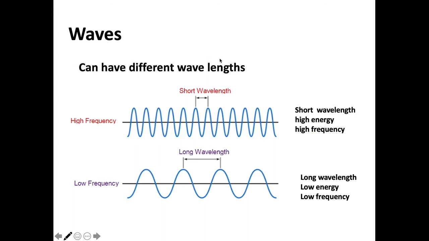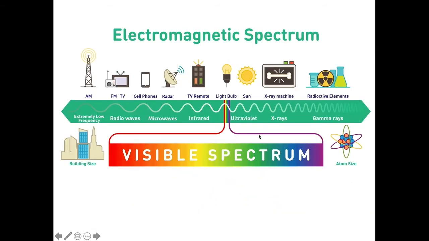And this is the most important part. Waves can also have different wavelengths. In between a wave, the distance between the waves can vary. This is the difference between us being able to see this range in here, visible light, versus not being able to see these ones that have smaller spaces in between them, gamma rays.